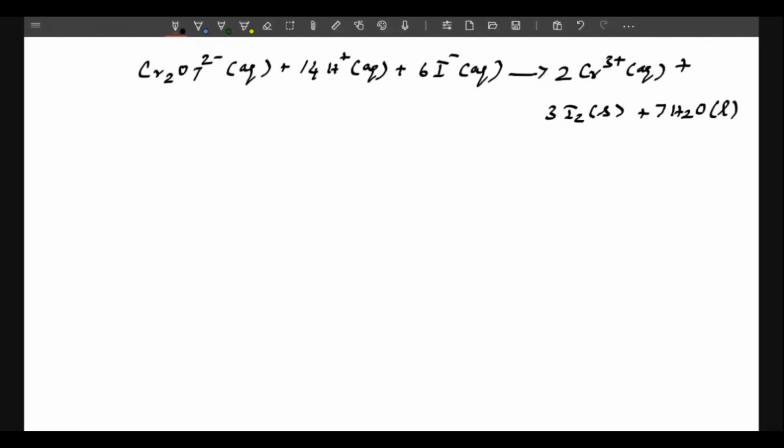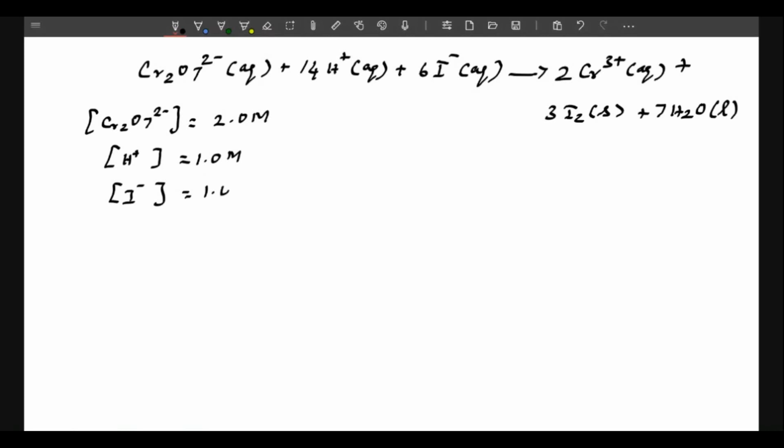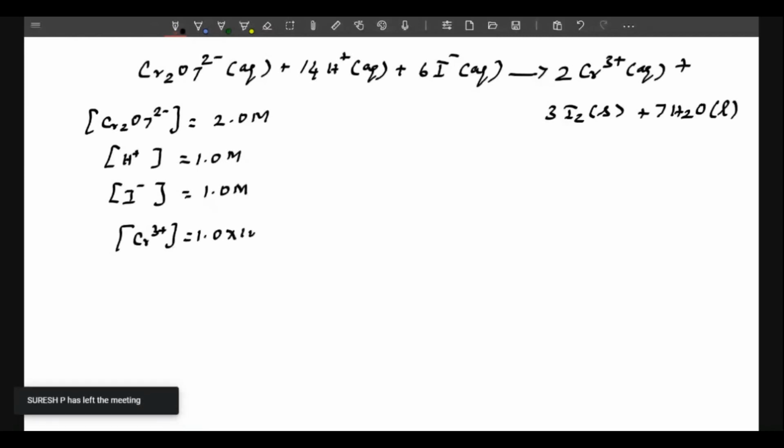When the dichromate concentration, Cr2O7 2 minus concentration, is 2 molar, H plus concentration is equal to 1 molar, iodide concentration is equal to 1 molar, and chromium 3 plus concentration is equal to 1 into 10 power minus 5 molar.